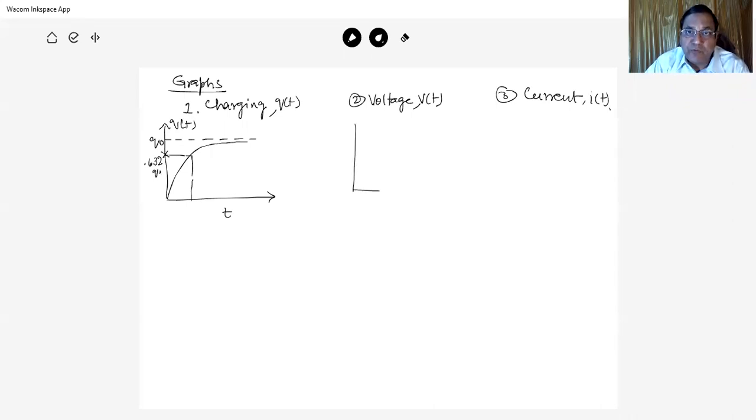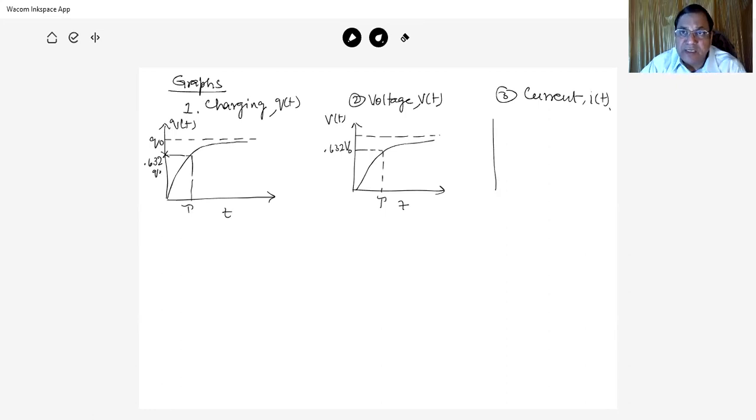Similarly, we have the voltage. This is time. Here it is voltage versus time, and this is the voltage curve. Here it is tau, the time constant, and that is 0.632 V0. And similarly, here it is the current.